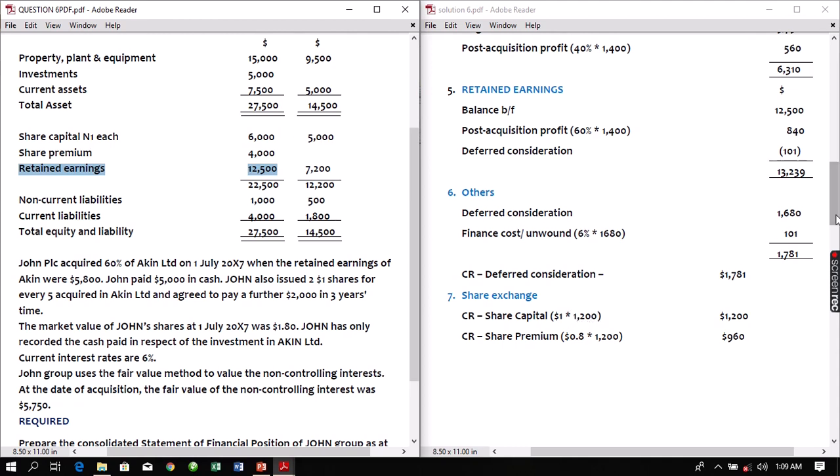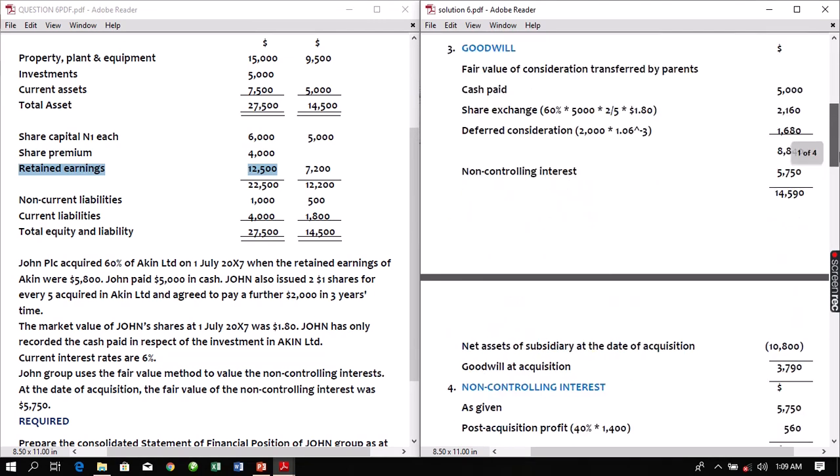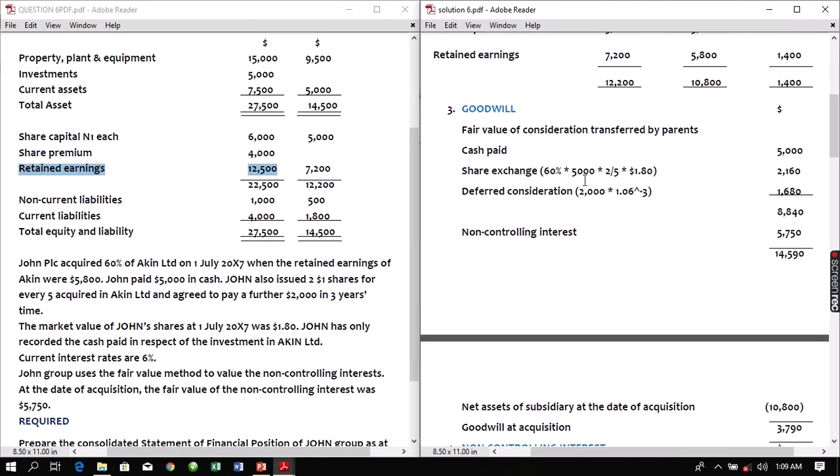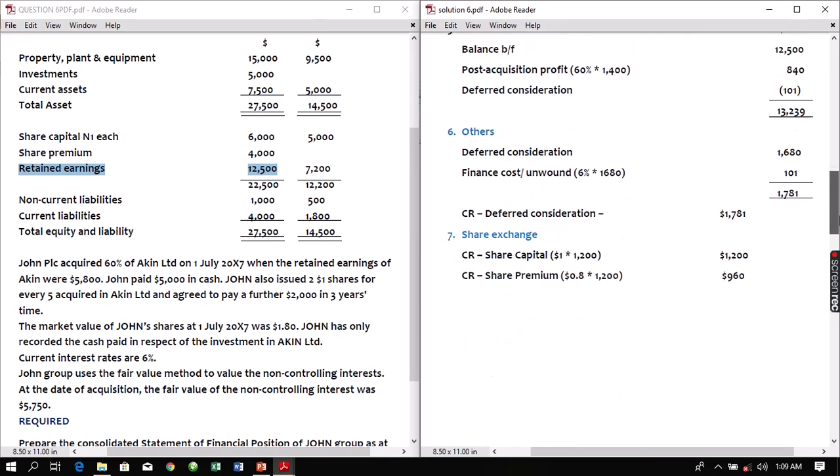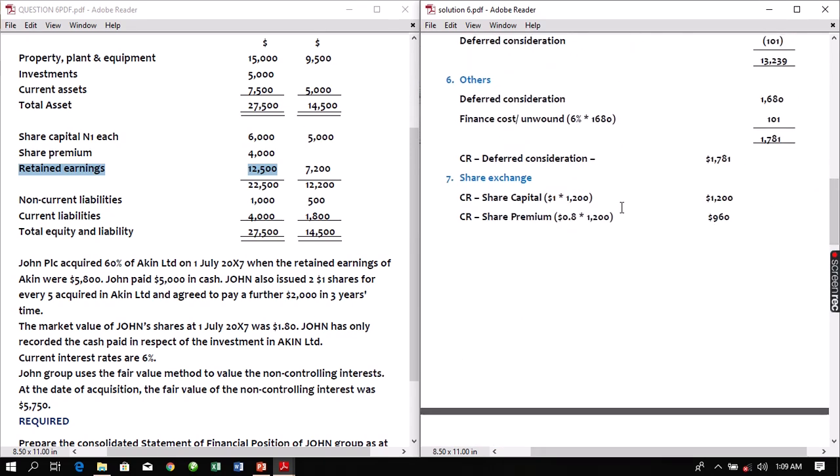Coming back here, let me take you back a bit. Before I value this, 60% of 5,000 times the exchange ratio, which is 2/3, without multiplying it by the value here, is going to give us a total of 1,200 shares. So we want to give the subsidiary 1,200 shares.